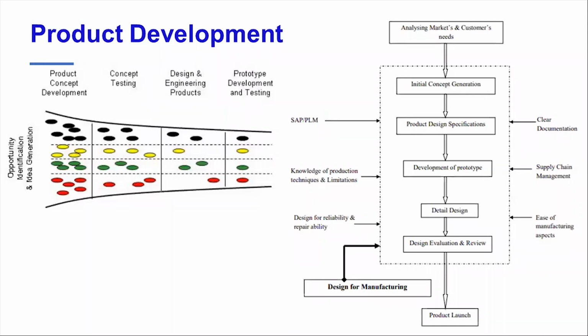Because of limitations you may have a few concepts which are not working well. So in the third stage you come with a smaller number of concepts. Then you have prototype development and testing. Finally what you get is a filtered result: out of 10 concepts, let's say only 2 or 3 will work and really go forward for the design.